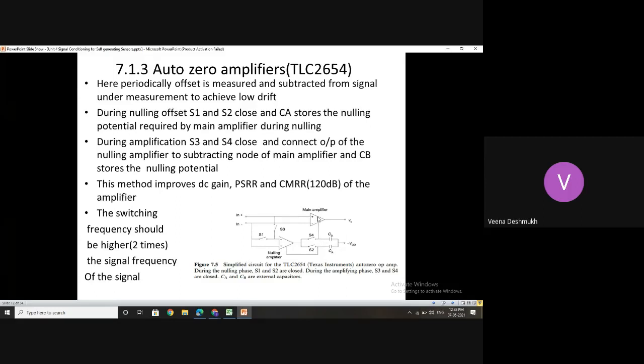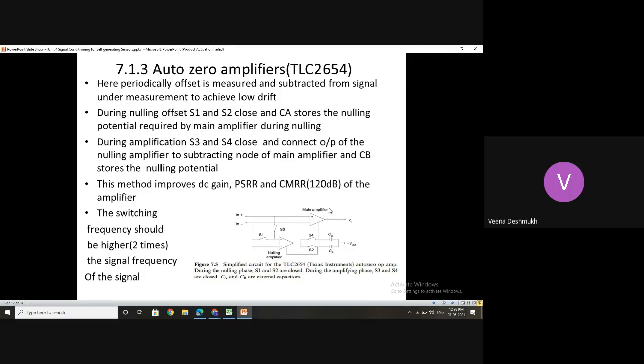So this gets connected, and here the subtraction of the voltage, whatever is coming from the charges held due to offset, is getting subtracted. So whatever final output you get is the input minus the voltage proportional to the offset voltage. As a result, the final output will be without the offset voltage.